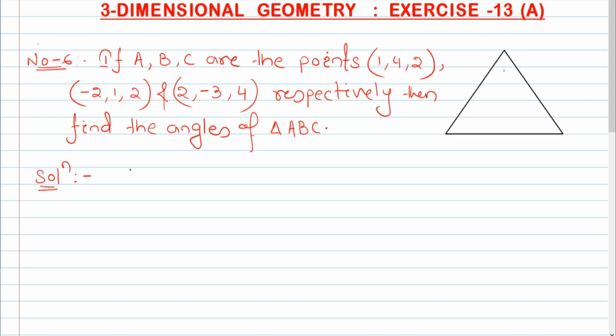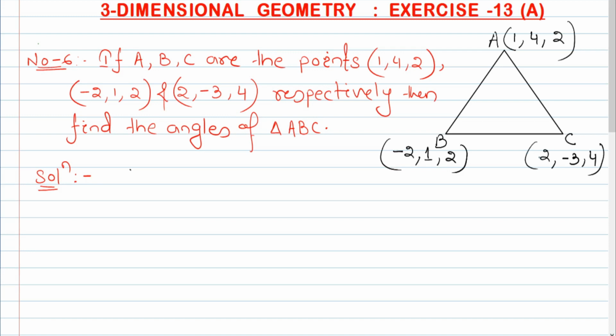One triangle is there, having the name A with coordinates 1, 4, 2, and B with coordinates minus 2, 1, 2, and C with coordinates 2, minus 3, 4. So you should mention here the given conditions.